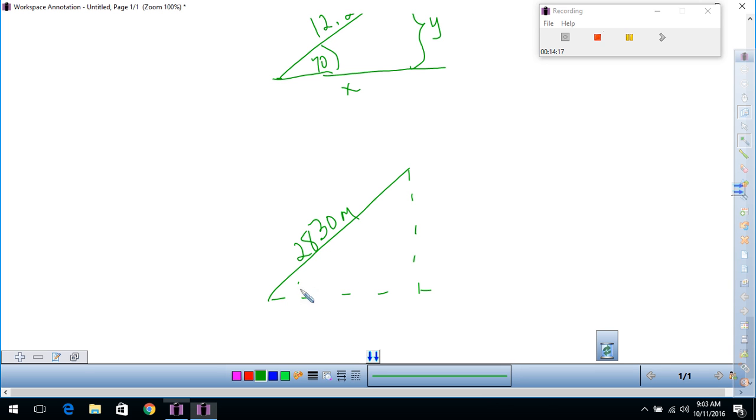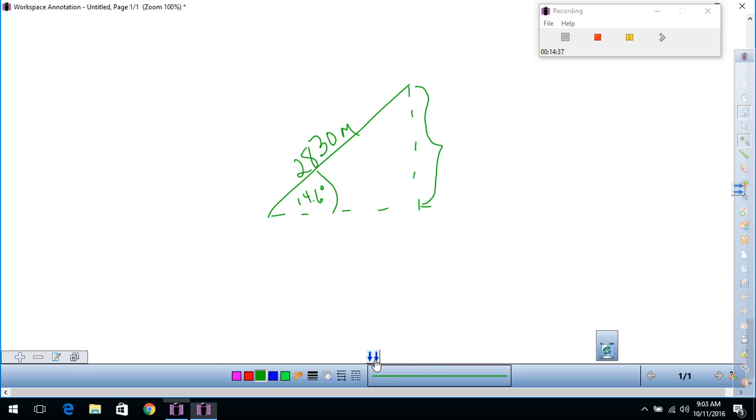So here's my 14.6 degrees. How did I know that? Because here's the horizon and they went above it, 14.6 degrees. And they want to know how high is the top of the ski lift relative to the base below. So they're asking you for this right here. Not a big deal. Use your sine function, go for it.